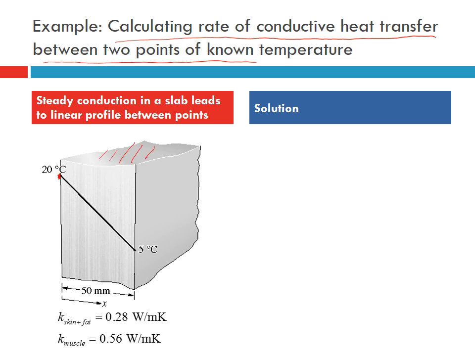This is a slab of either skin plus subcutaneous fat or muscle with two different thermal conductivities. But we always maintain the same temperatures on the two ends. So we know the temperatures and we know the k, and we know the thickness, of course. And using Fourier's law, we want to calculate the rate of heat conduction.